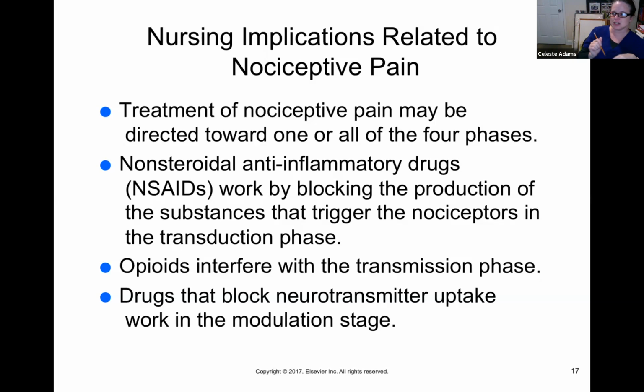The modulation stage is when the patient actually feels the pain, so they may give drugs that block that neurotransmitter uptake so that the patient doesn't physically feel that pain. So those are some treatments related to the different phases of pain, and how they work.